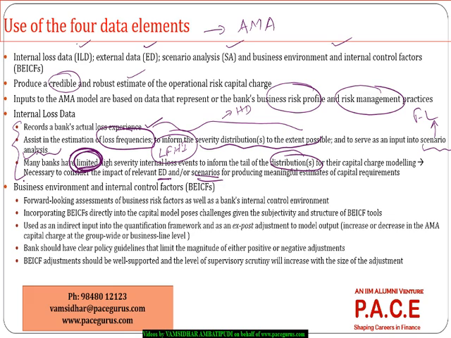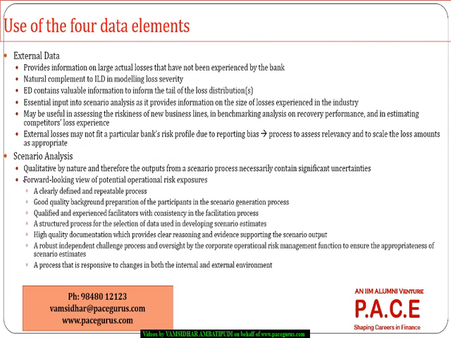We can look at the external loss data and scenario analysis, and then we'll come back to the business environment factors. Okay. So looking at the external data, at least compared to the internal loss data, there is a possibility of large actual losses that are not experienced by the bank being shown here.